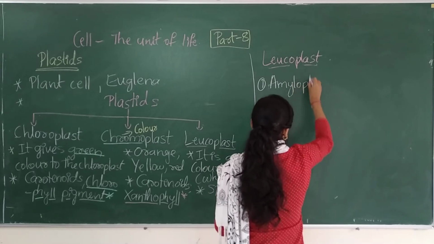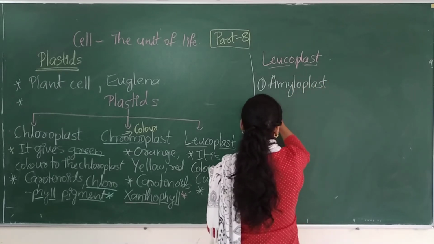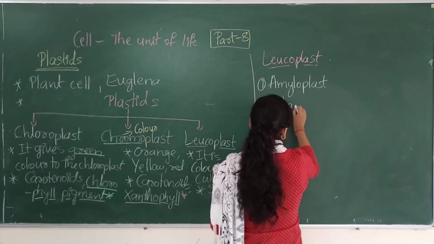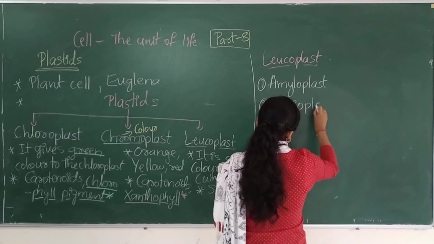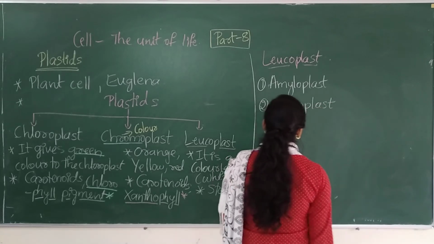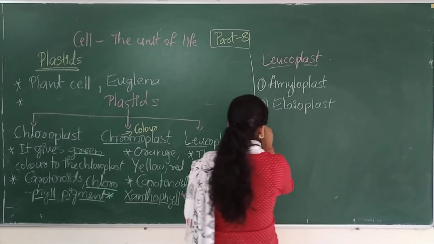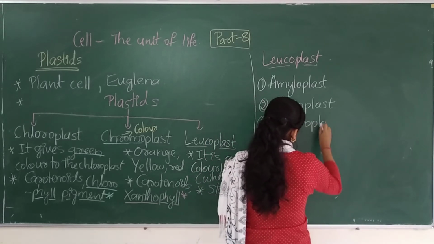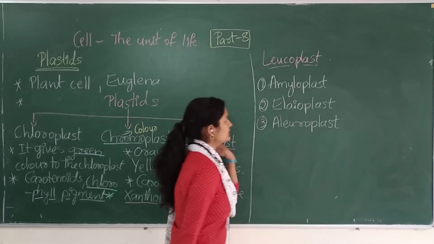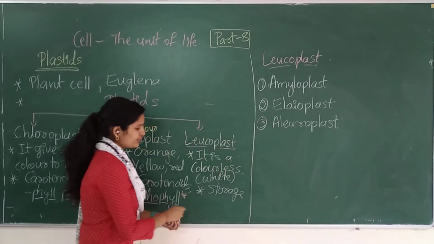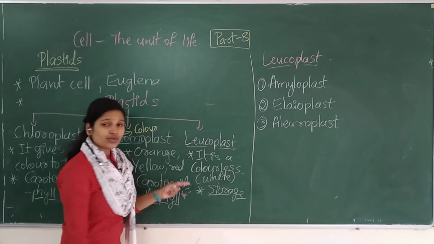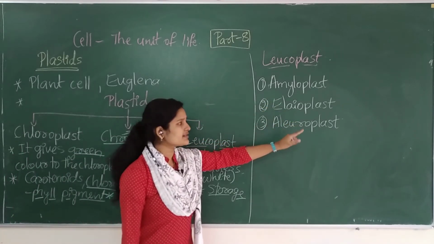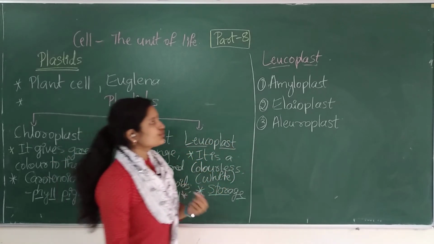Leucoplasts are further divided into amyloplast, elaioplast and aleuroplast.